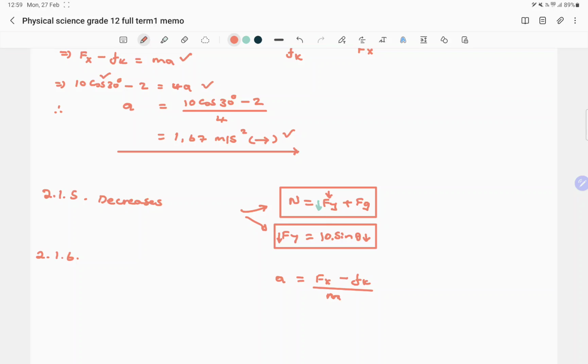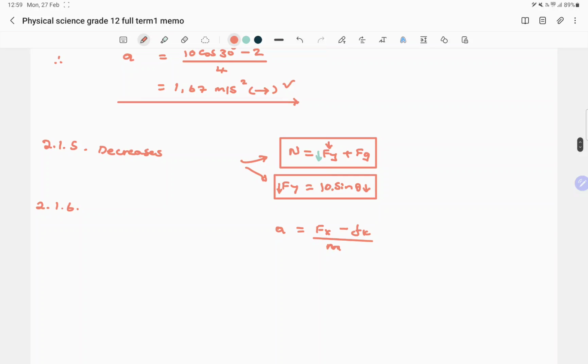Don't worry about other things. Just think about it in general. This is the equation that we can use in this diagram to actually explore the acceleration.